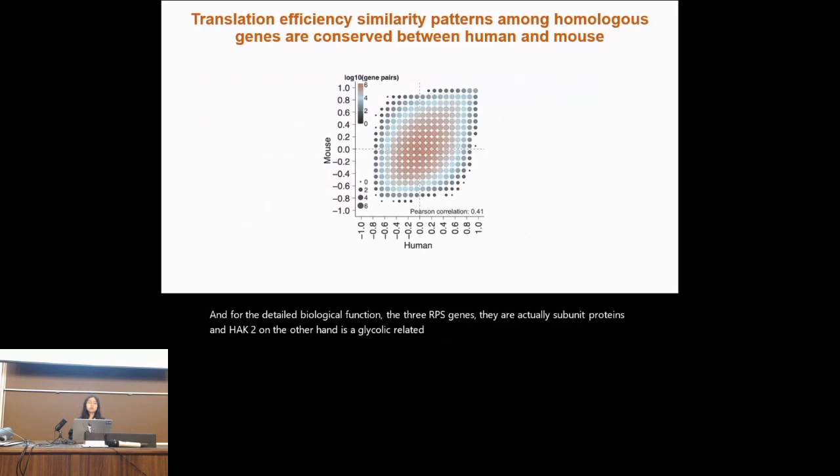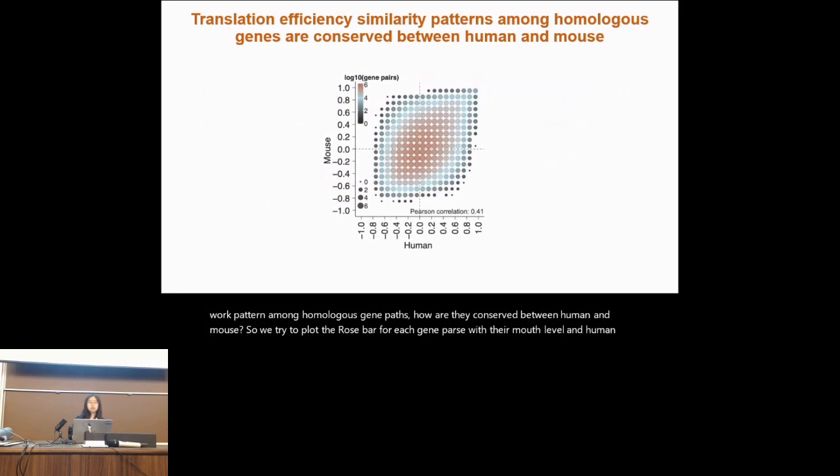And we also try to see the TE similarity score pattern among homologous gene pairs, how they are conserved between human and mouse. So we plot the rho score for each gene pair with their mouse level and human level.